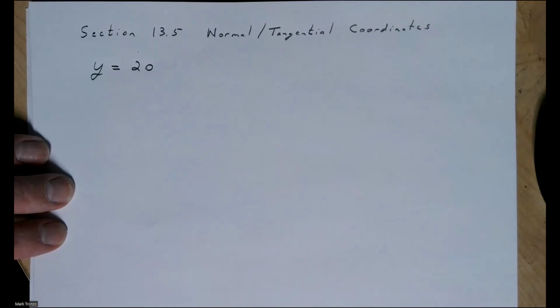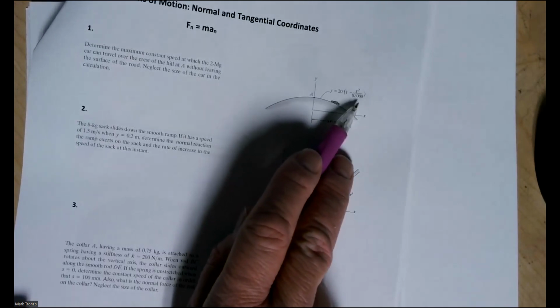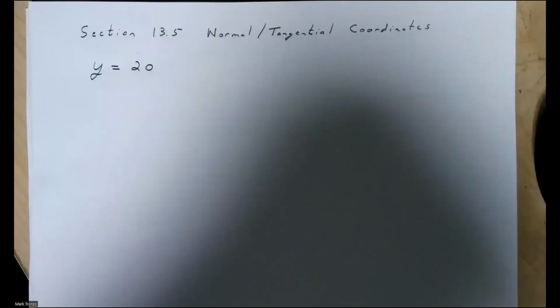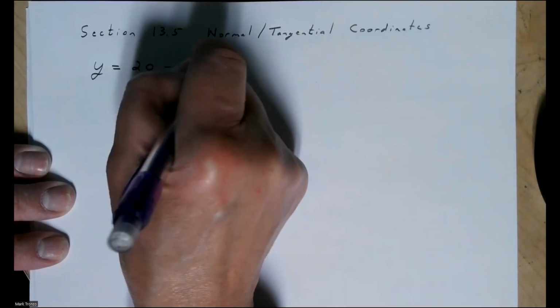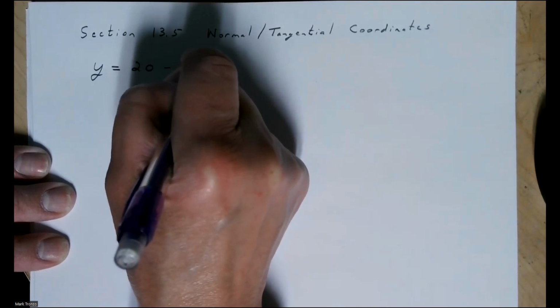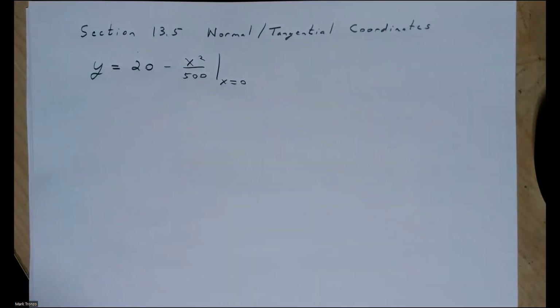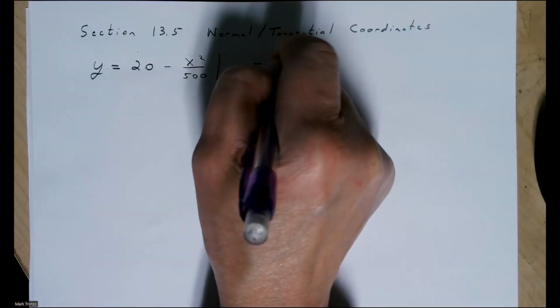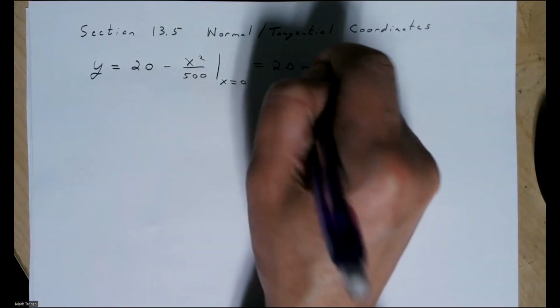If you actually multiply that through and divide out the 10,000, you end up getting 20 minus x squared divided by 500. And if you evaluate this at x equals 0, this comes out to be 20. And since we're in meters, that must be 20 meters.